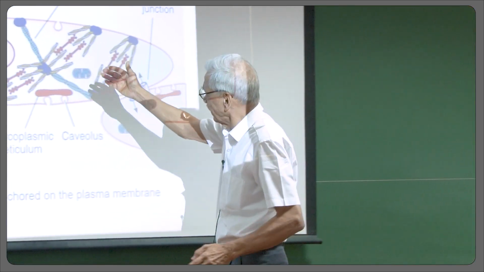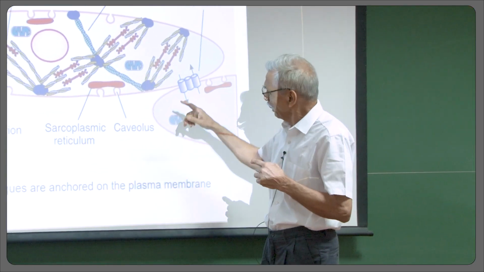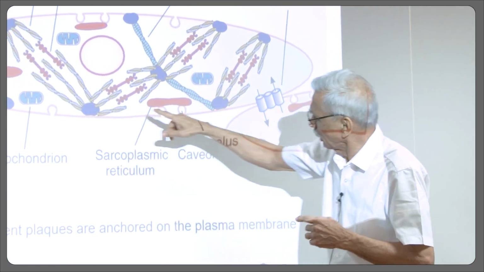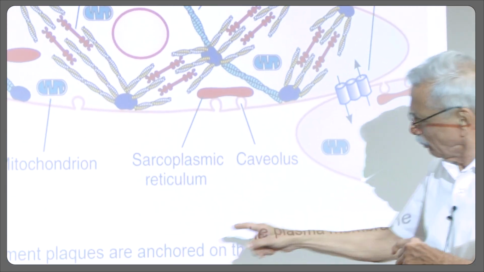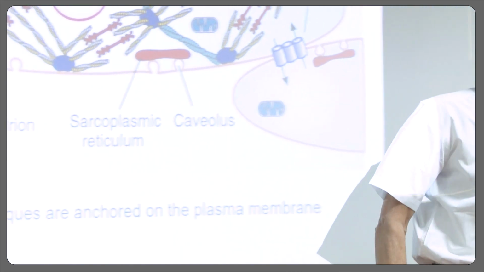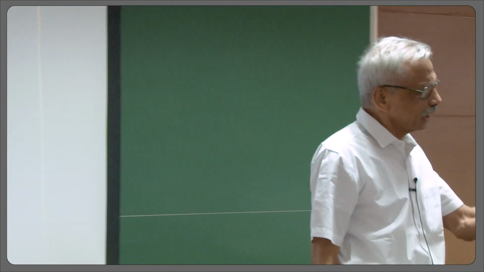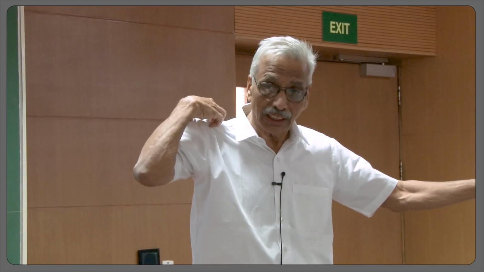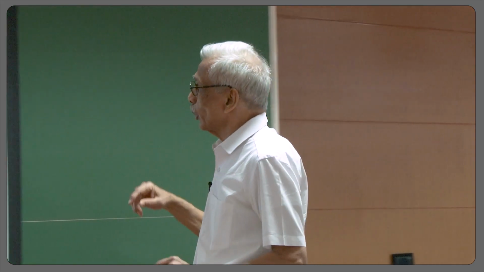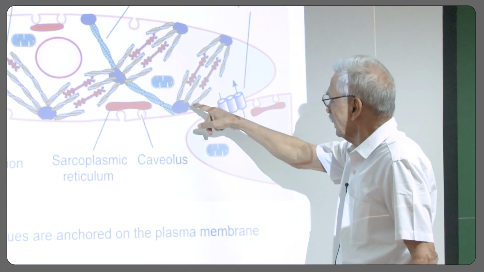It may be sitting right in the cytoplasm, or it may be attached to the plasma membrane. If it is attached to the plasma membrane, then we call it an attachment plaque. It is the same thing. Dense body, if it is sitting on the plasma membrane, we will call it an attachment plaque. Its very important purpose is to anchor the actin filaments.